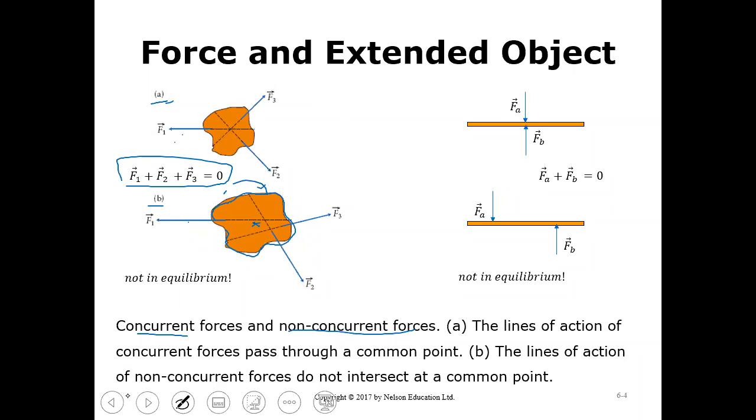But in B, because of where the forces are applied and the forces are not concurrent, there will be rotation. So it is not in equilibrium. Although it is in what we call translational equilibrium, it is not in rotational equilibrium. There is rotational motion.